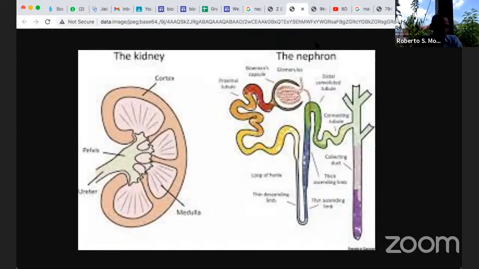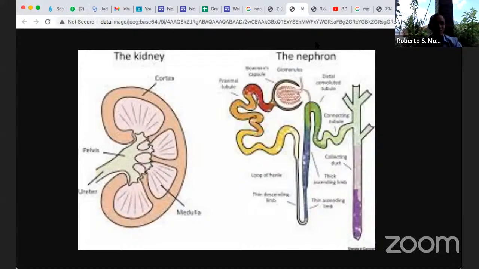If we understand that the kidney's function is to filter blood, actually the exact part that filters blood is the nephron. What kidneys do is actually done by nephrons.